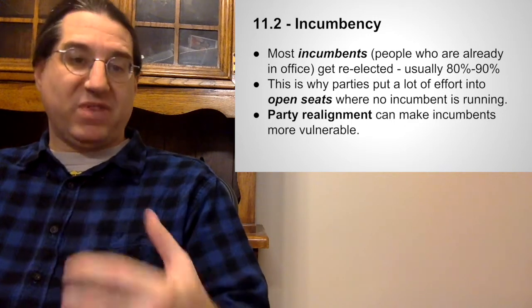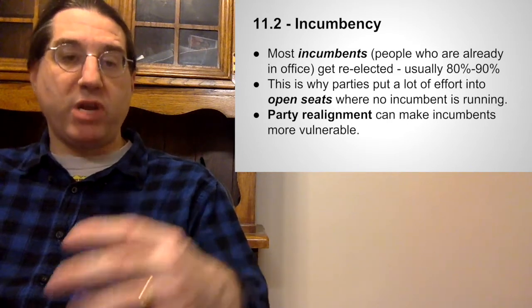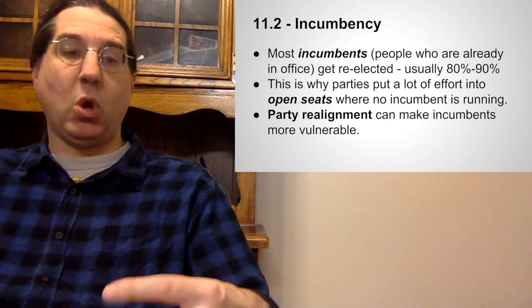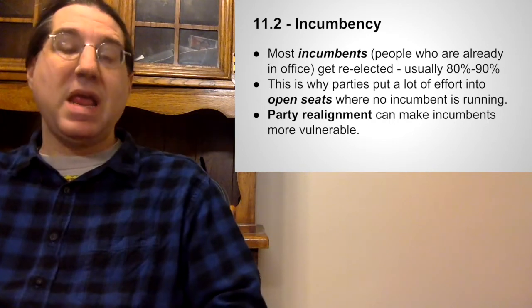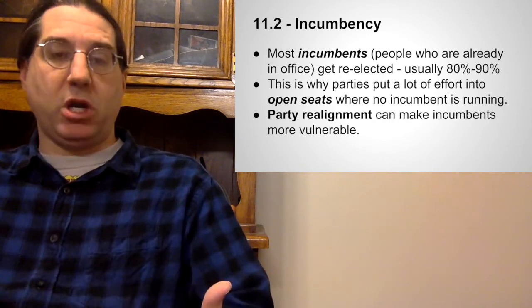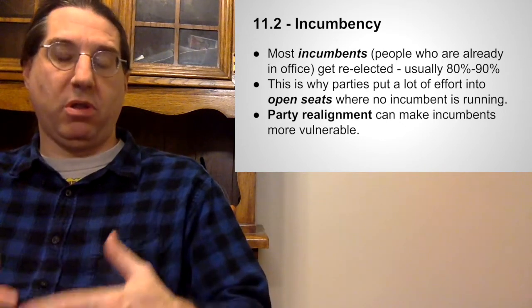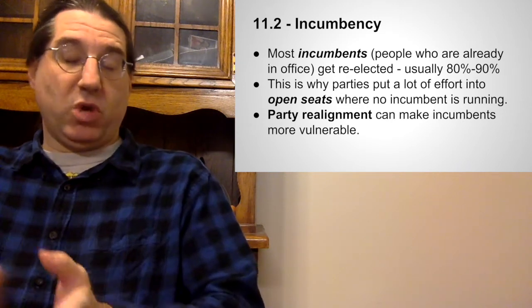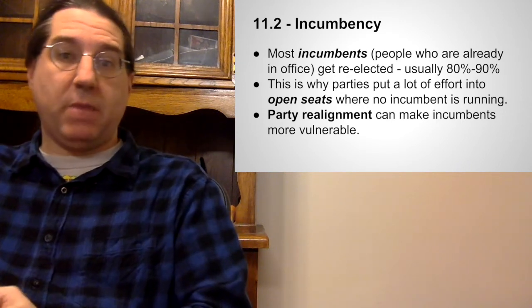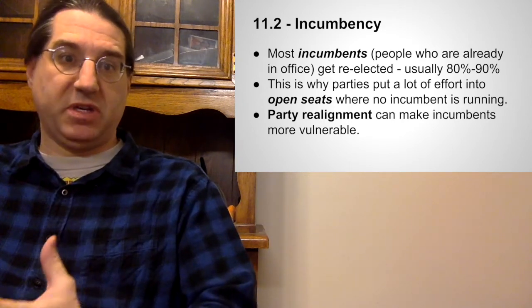Now, we've discussed before the idea of party realignment, that a particular region of the country or the country as a whole can see voters move from one party to another. If there is a party realignment going on, then that can make incumbents more vulnerable than they would normally be. You can look particularly at Democratic senators in the South over the last 20 years for examples of this.